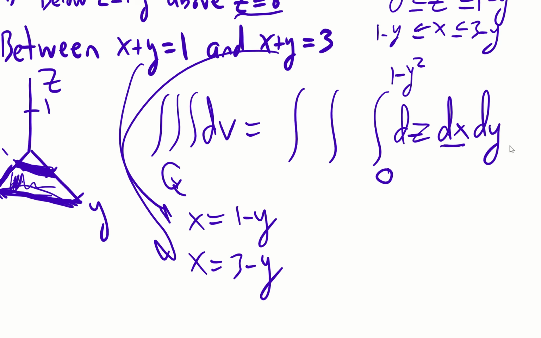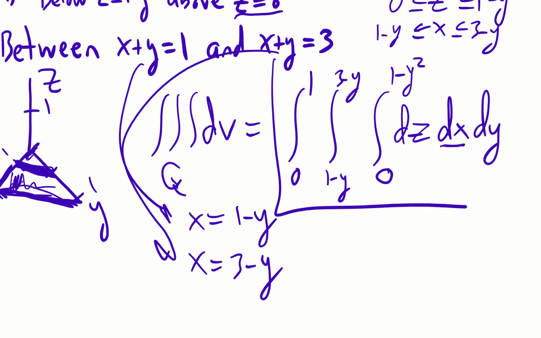So our bounds for x are going to be from 1 minus y to 3 minus y. And then the last thing we need is the bounds for our y variable. If we look at this region on the y-axis, these bounds will go from y equals 0 to y equals 1. So this would be our iterated integral that would give the volume of the region in part A.